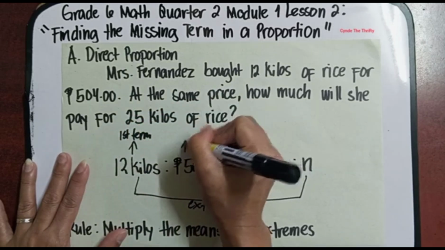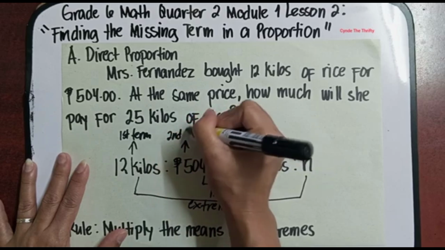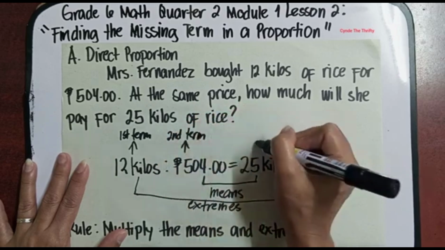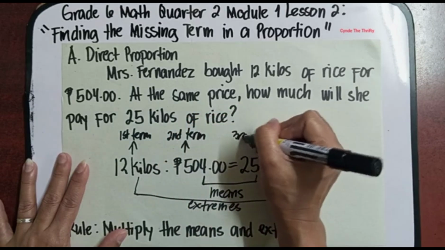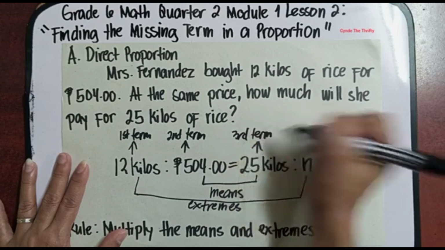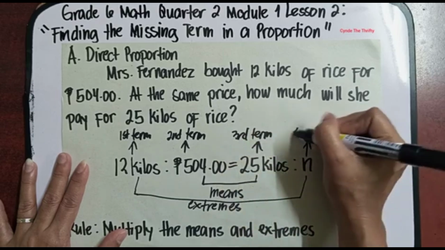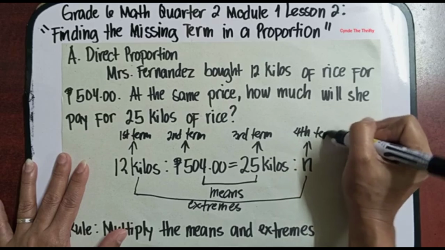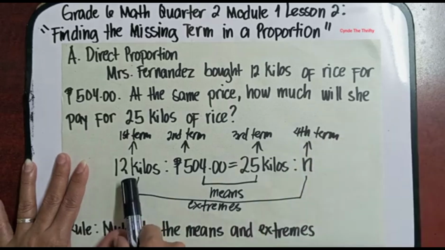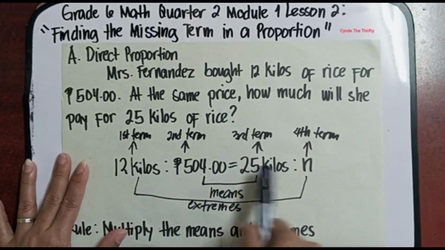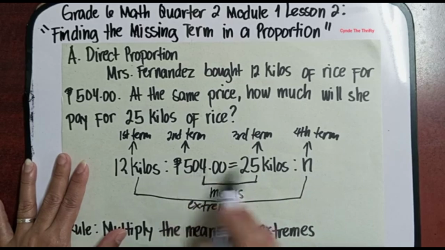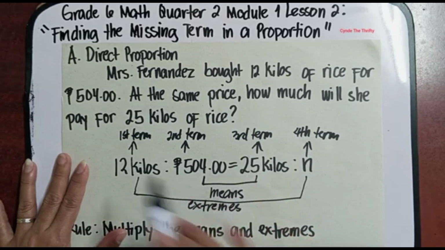Ang pangalawa is second term. Ang pangatlo is third term. Ang pang-apat is fourth term. Okay. So, ito yung first term natin, second term, third term, at fourth term. At itong number na nasa gitna is means at ang nasa gilid is extremes.